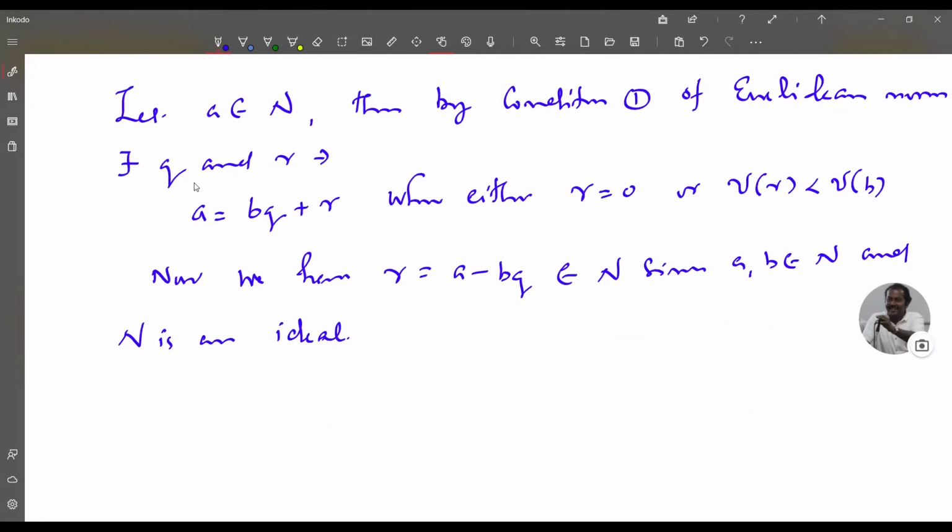That is, there exists R in N such that nu of R is less than nu of B.